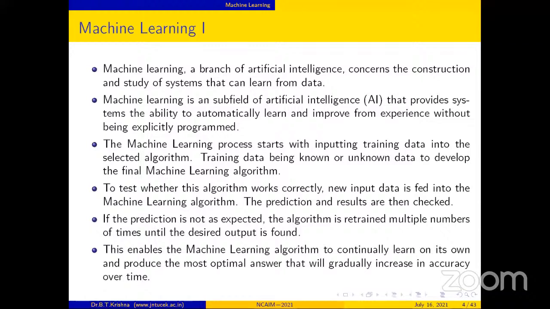So in the beginning of machine learning, we are going to give some input to the selected algorithm. To test whether this algorithm is working or not, we are going to give some data to it. Then the prediction and results are going to be checked. So you will have a machine learning algorithm, to which new input data is given, and based on the prediction, the output is checked.